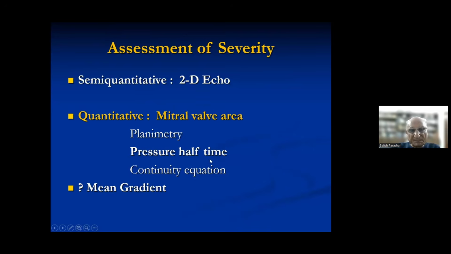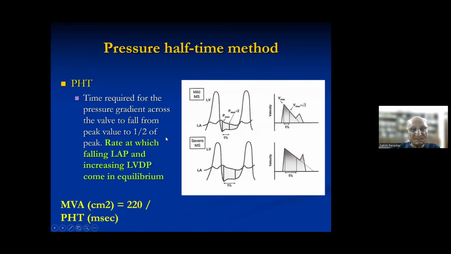Then we come to the pressure half time. Forget about the physics. In mitral stenosis, the LA is the feeding chamber and the LV is the receiving chamber, so the LA empties into the LV.